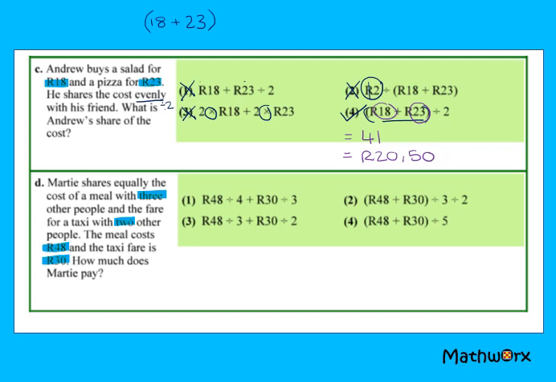Okay, if we look at the options that we are given, let's read it properly again. Marty shares equally the cost of a meal with 3 other people. So that other means it's us. Here's Marty, and 3 other people.